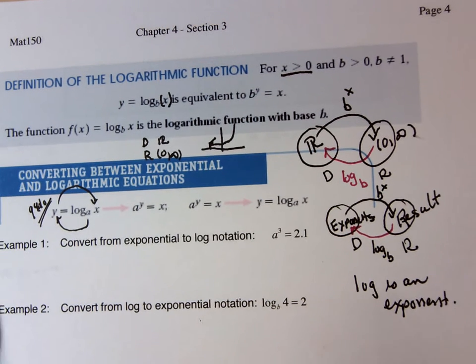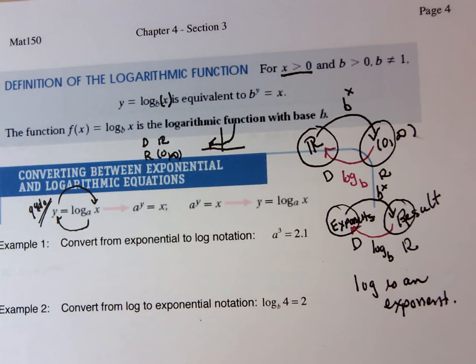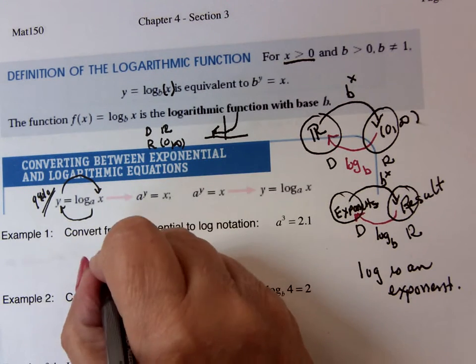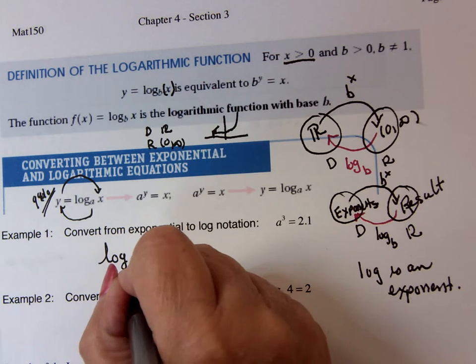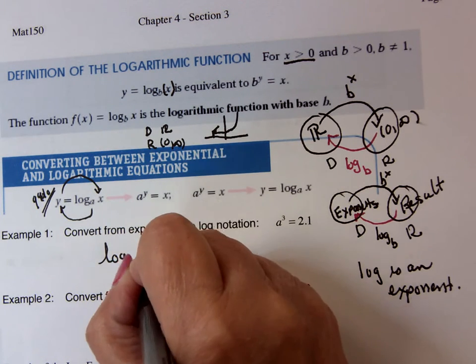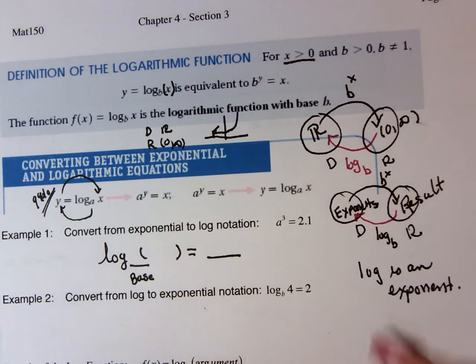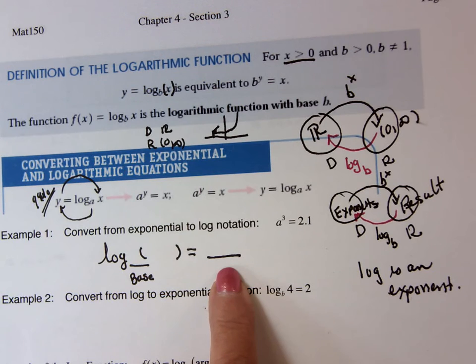So if I wanted to go from exponential to log, what I look at in my mind is that I have log, I have a base, I have what I'm taking the logarithm of, and I have the result of taking that log.